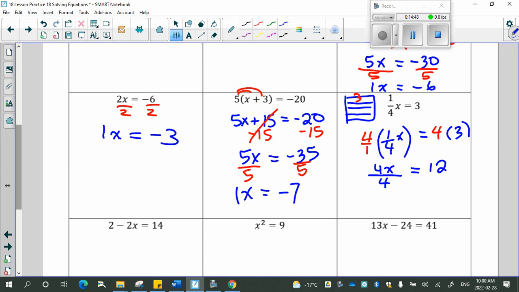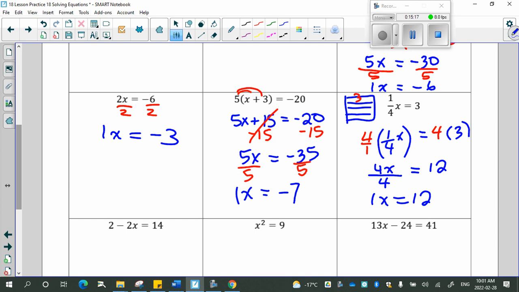And over here, I end up with 12. But 4 divided by 4 is 1x. So I figured out what 1x was by multiplying by 4. So this is just showing my reasoning, and the picture helps too. I find the picture helps a lot of people when they're trying to figure out fraction ones.